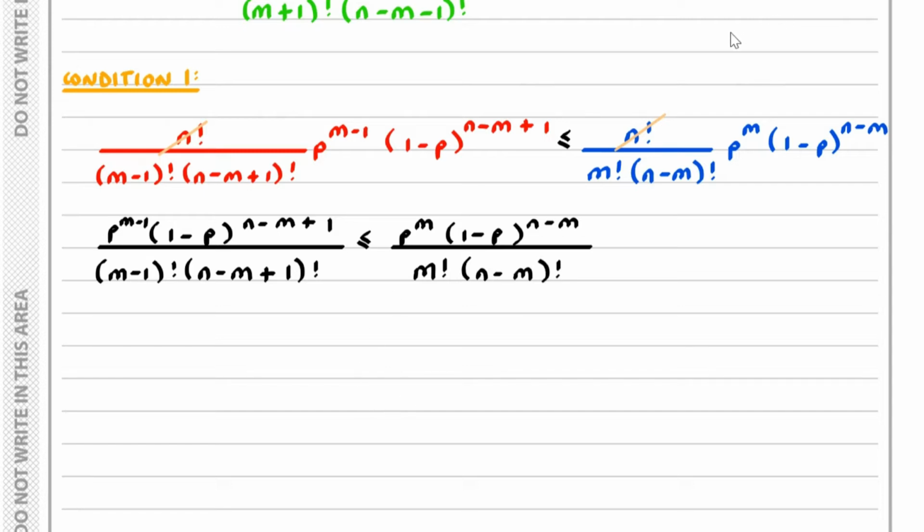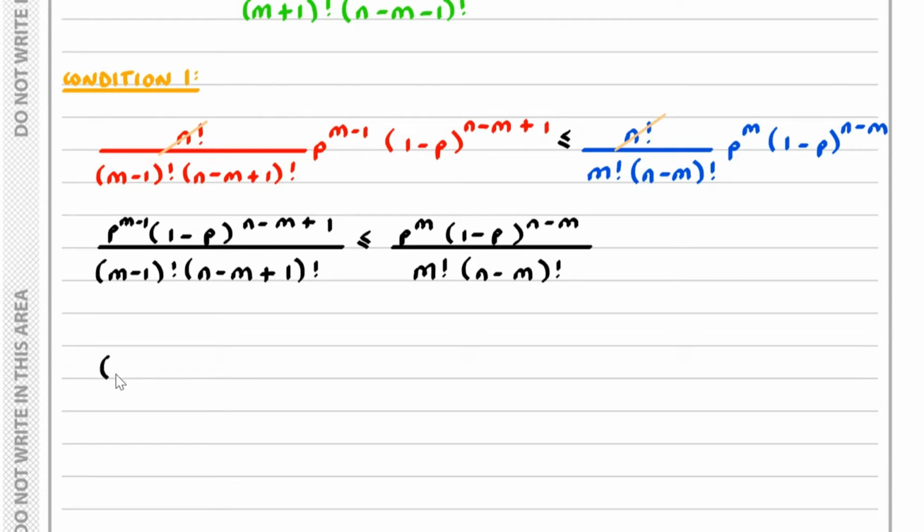So now let's see how we can simplify this. Well, let's think about what we have for our denominators. Here we've got m minus 1 factorial times n minus m plus 1 factorial.